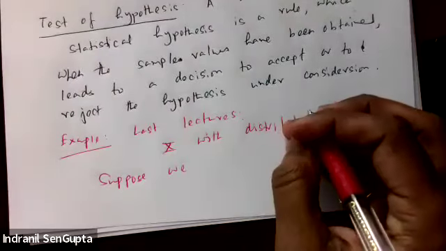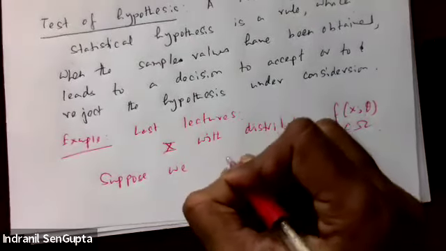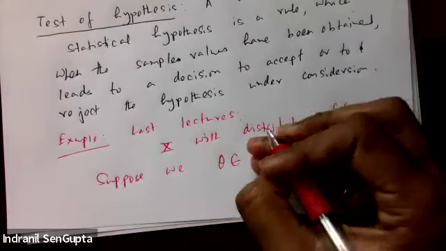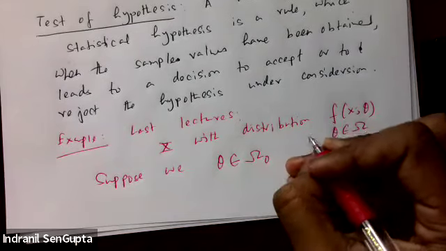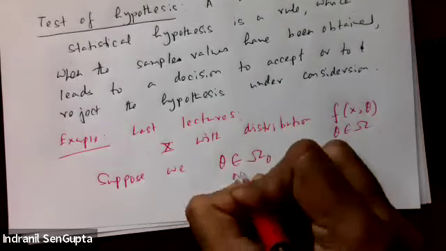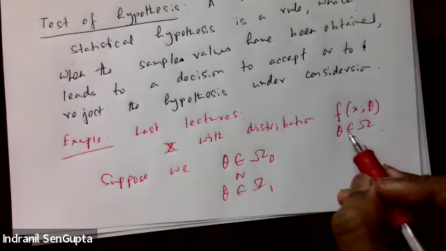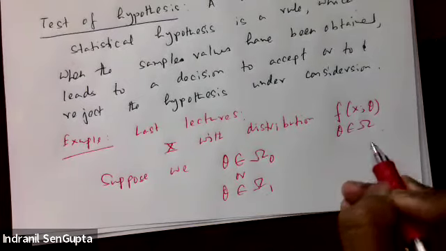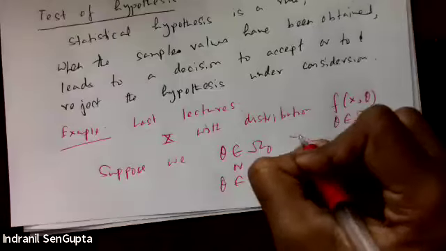Okay, so suppose we think that this theta belongs to, say, omega sub 0, or this theta may belong to some omega sub 1, where omega sub 0 and omega sub 1 are disjoint subsets of omega. So here's my omega.